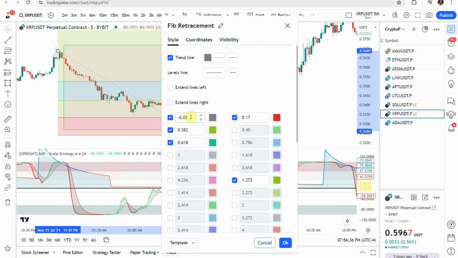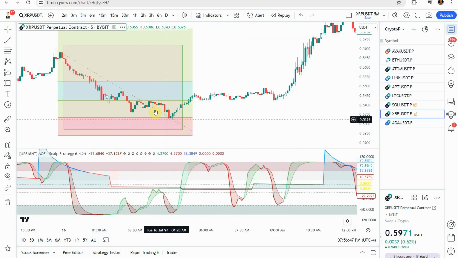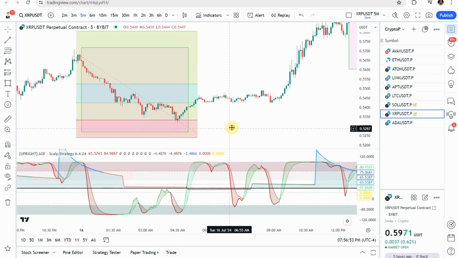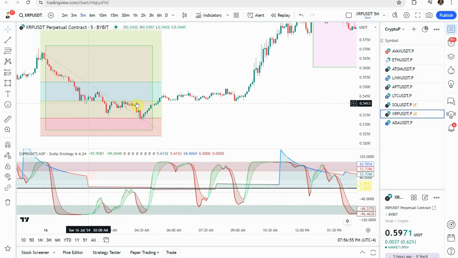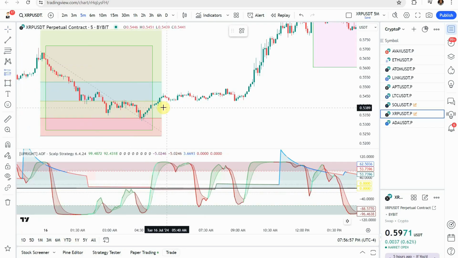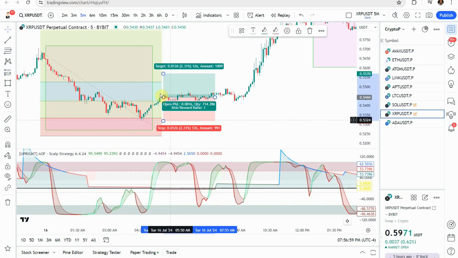More importantly, what we're looking at is the negative 0.05 level. That's going to be this level here where it draws this box to the downside, and this is going to be where we would put our stop. And so our trade would go right about here.